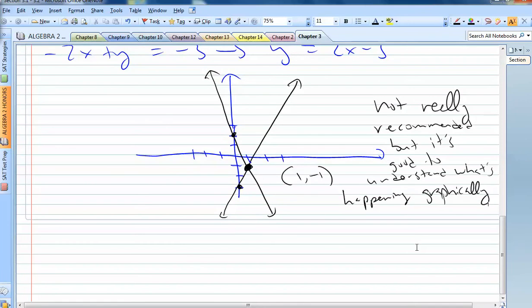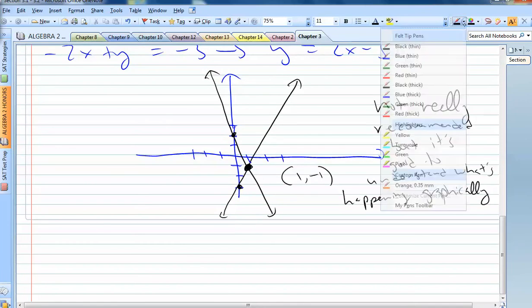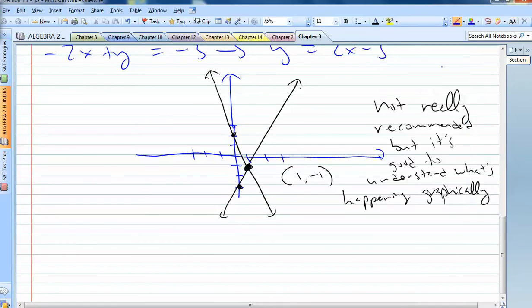Okay, let's do method 2. Now this is the method I think most of you are familiar and comfortable with, and I am too. So we should be in agreement that substitution is going to be a good way to solve this problem.